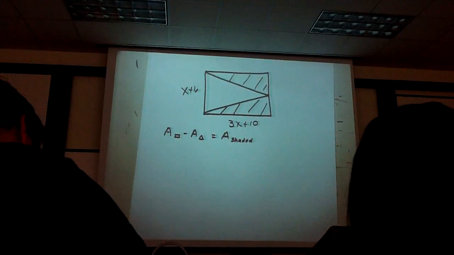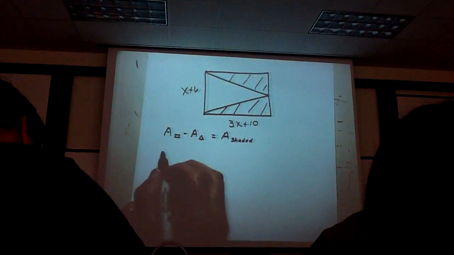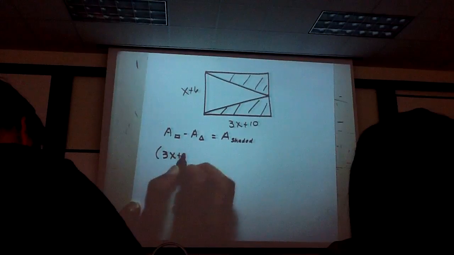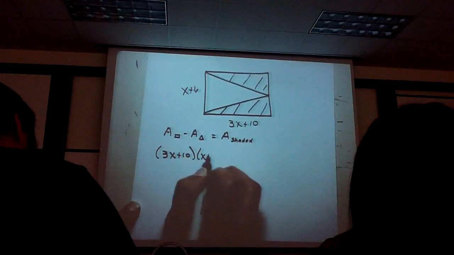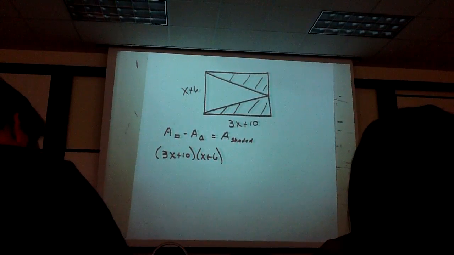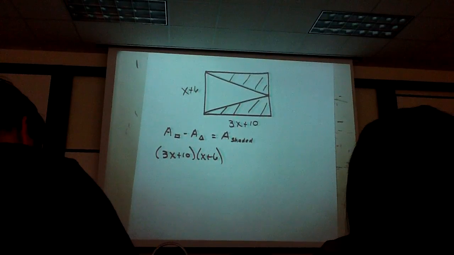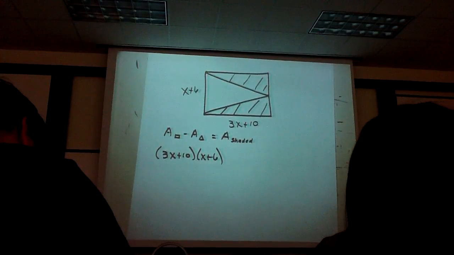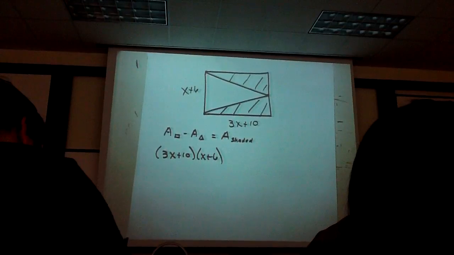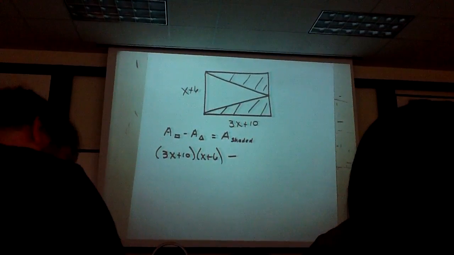And area of the rectangle is x plus 10, 6, equals the width. Minus, all right, here's a question.